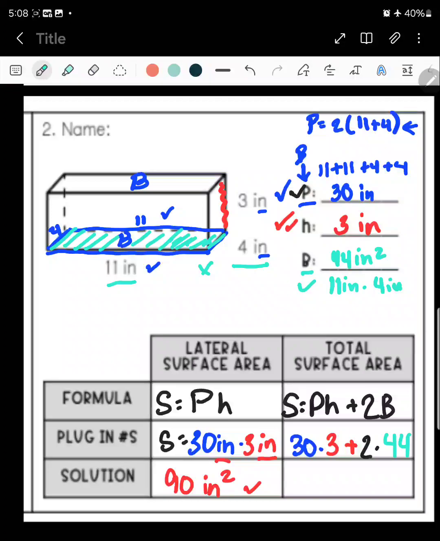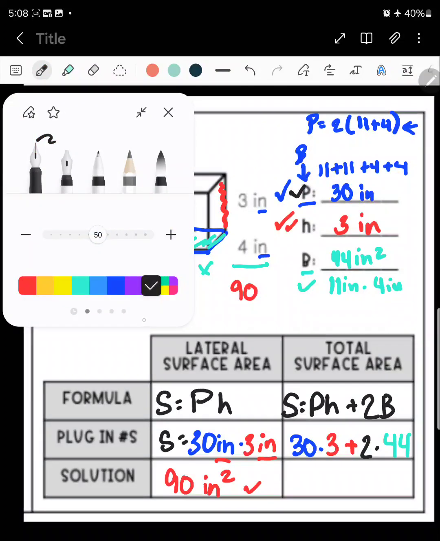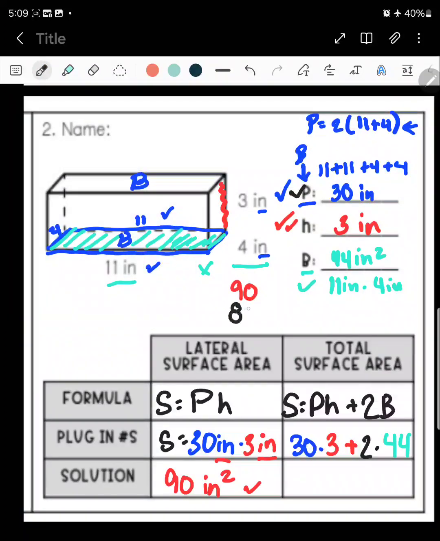So 30 times 3 is 90. And then 2 times 44 is 88. And when we add that, you get 178 inches squared. This one's bigger than this one. Okie dokie.